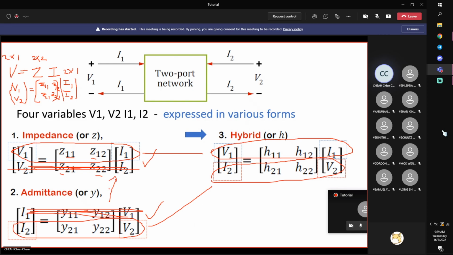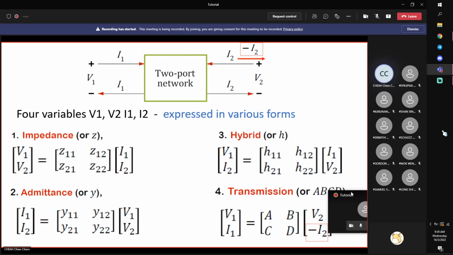You merge them, and then you get this form. That's why it's called hybrid form. It's combining these two together, so you have different input, different output. Here you're interested in calculating V1, I2 using I1, V2. So once you can remember these two, hybrid forms can come out quite naturally.